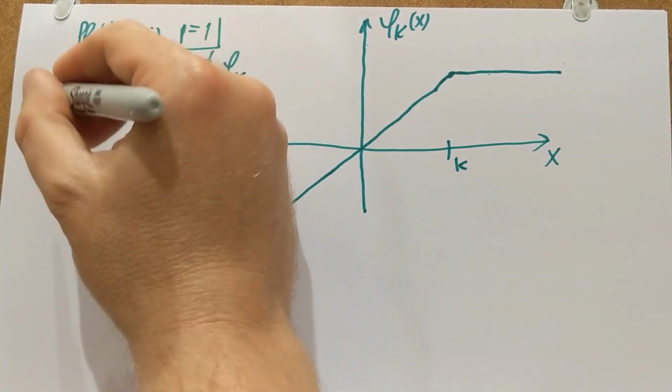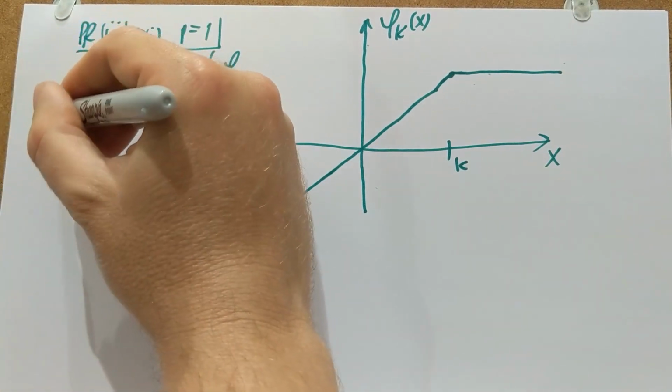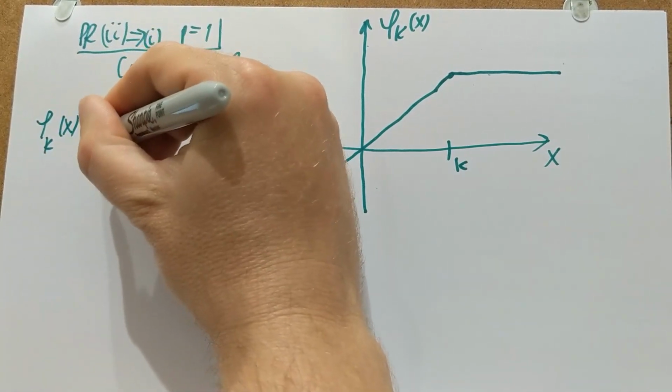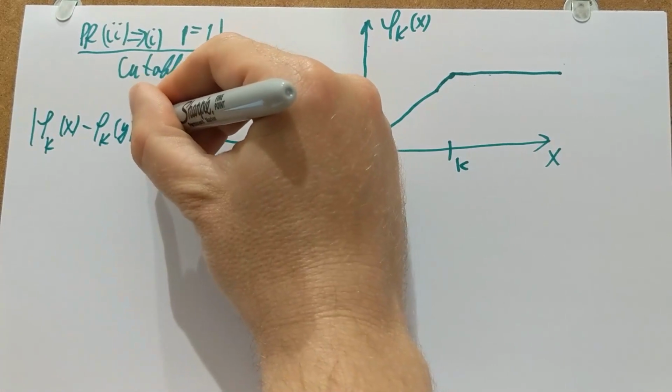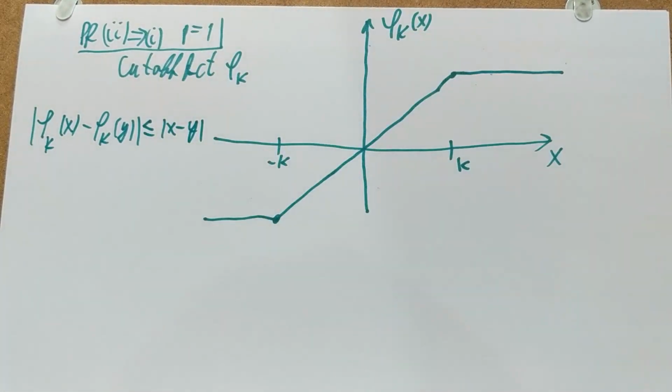Okay, and I want to make a few remarks on this. The first remark is that this function is of bounded slope. Phi k of x minus phi k of y is never larger in modulus than the distance between x and y. So the slope of this function is bounded by 1, of course. Okay, that's clear.